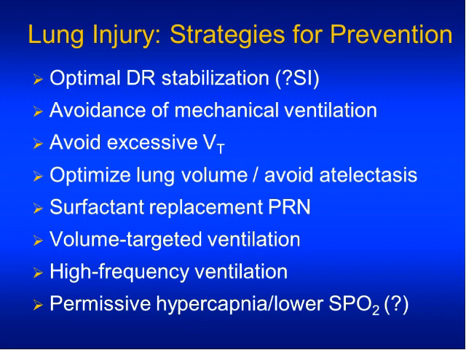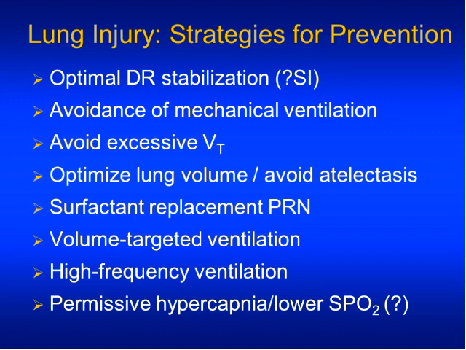So the bottom line in terms of strategies for prevention of lung injury, we talked about most but not all of them. Optimal delivery room stabilization is certainly important. Avoidance of mechanical ventilation seems to be more important perhaps than other things next to this. But once we do have to ventilate, avoiding excessively large tidal volume is critical, both in terms of lung injury and brain injury.